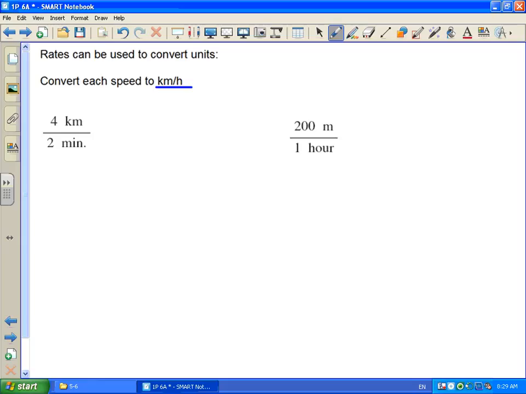What we want is to change it to hours. So we want hour down here on the bottom and kilometer up on the top. This is what we want to get to. So we have to ask ourselves, if we've got 2 minutes here, how many minutes are there in an hour? Well, there's 60 minutes.